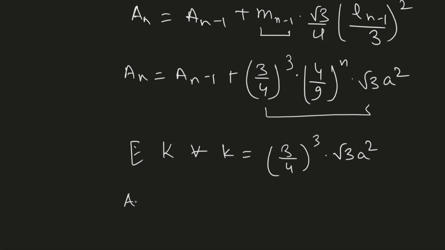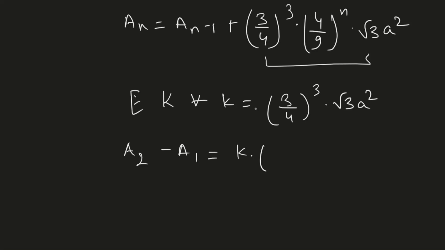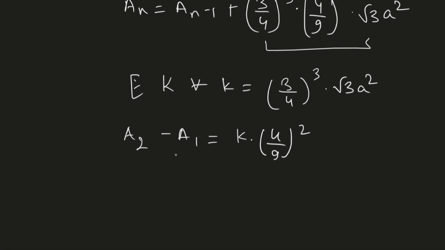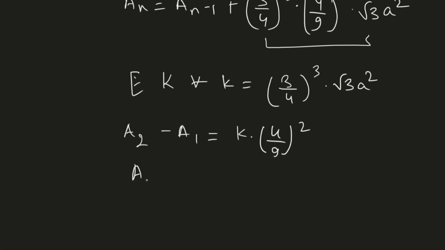So I got A2 minus A1 is equal to k times, okay, sorry about that. A2 minus A1 would be k times 4 by 9 square, and similarly I would get A3 minus A2 to be k times 4 by 9 cube.